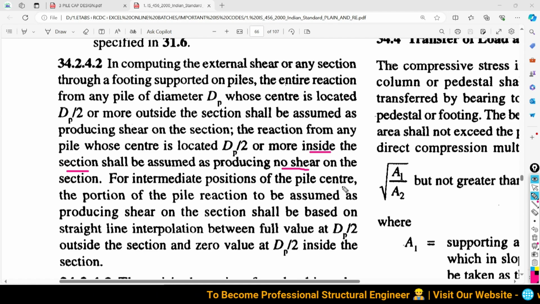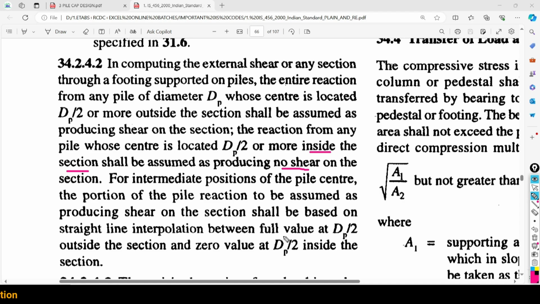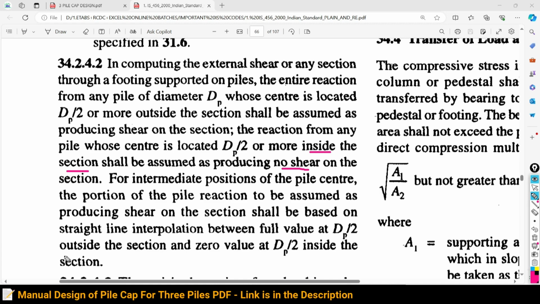For intermediate positions of the pile center, the portion of the pile reaction to be assumed as producing shear on the section shall be based on a straight line interpolation between the full value at dp/2 outside the section and zero value at dp/2 inside the section.